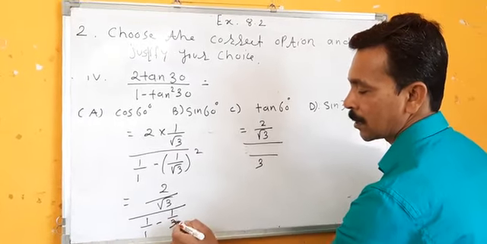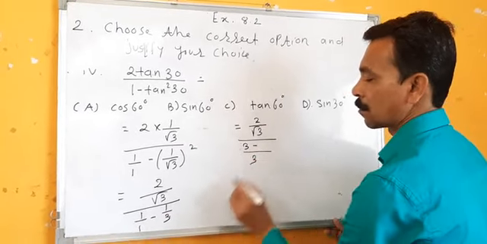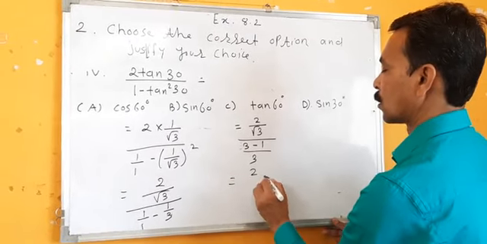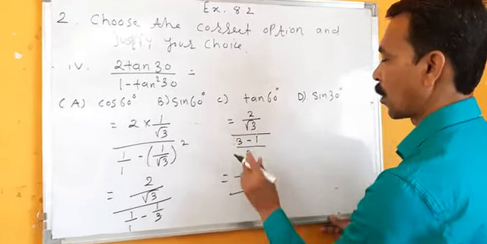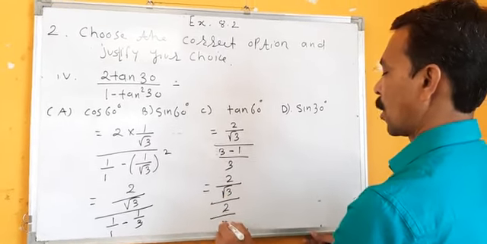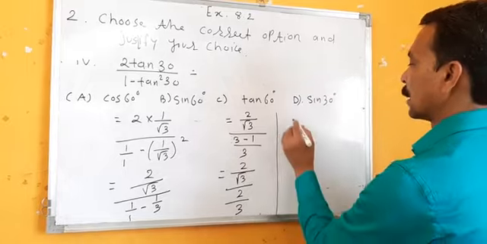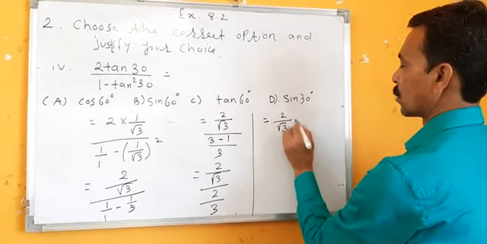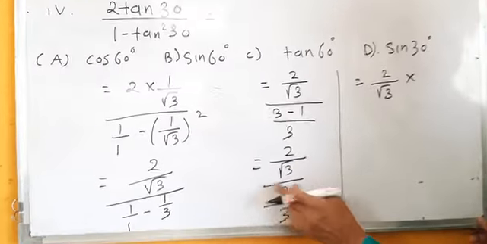Do cross multiplication. 3 ones are 3 minus 1 is 2, so it is 2 by root 3 upon 2 by 3. This is division.